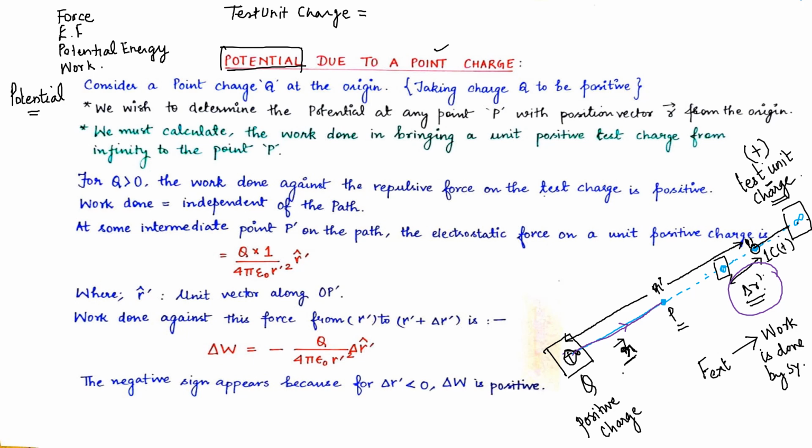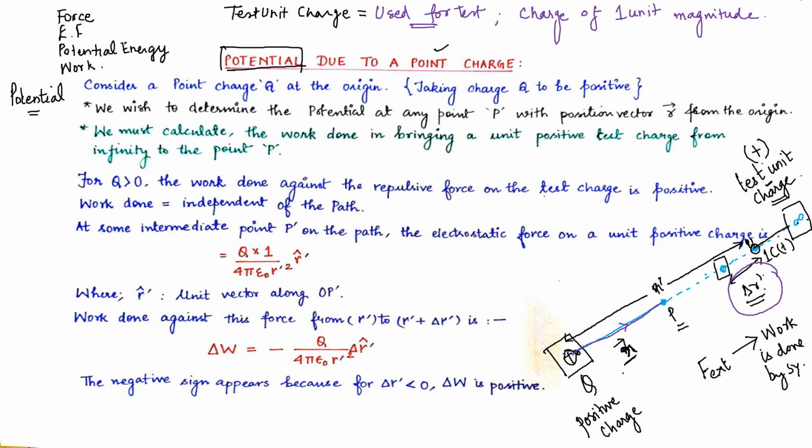So test unit charge is a charge which is used for testing. First thing, this test charge is negligible. Hence, it is just used for testing the electric fields, the potential, the energy, the work done, everything. And then unit charge implies a charge of 1 unit magnitude.